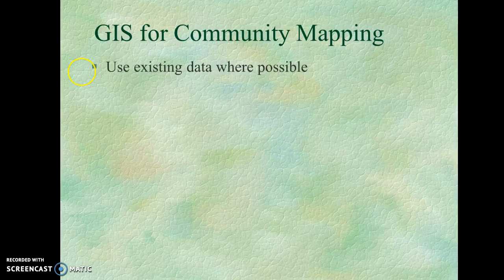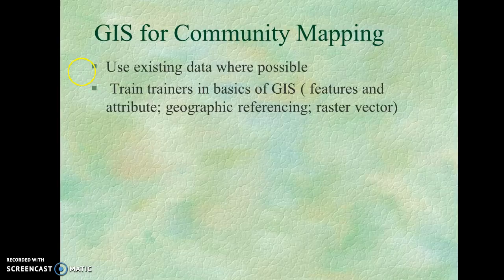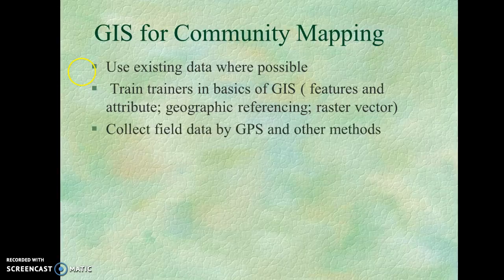Okay, so as I said, we're going to use existing data wherever possible. We're going to train trainers in the basics of GIS, features and attributes, geographic referencing, raster vector, some of the things you've learned in the last few weeks. We're going to conduct field data collection by GPS and other methods.